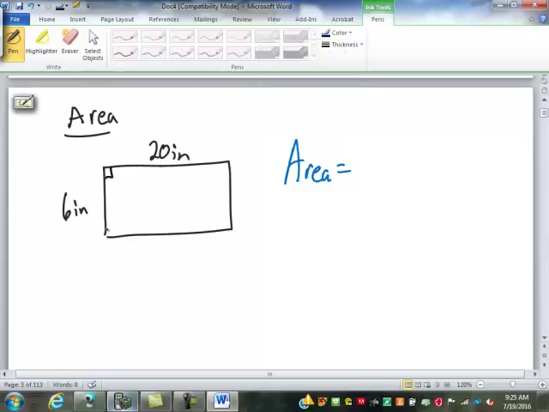Technically, I should tell you that at least one of those is a right angle, shouldn't I? Its area is going to be length times height, length times a distance. So 20 inches times 6 inches, which is going to give us 20 times 6 is 120. What's my units? Inches times inches will be inches squared, or square inches.